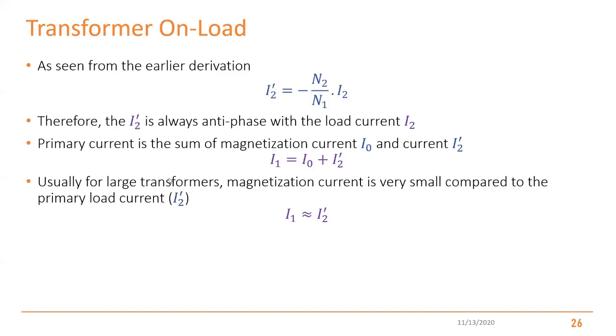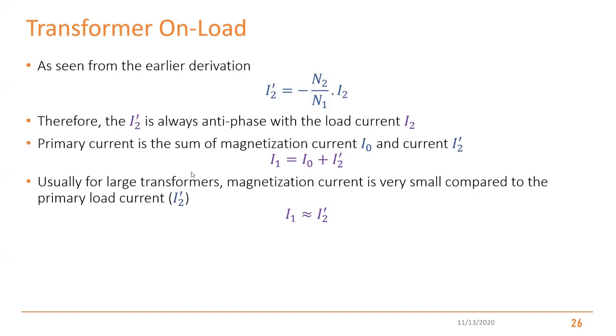Therefore the total primary current should be the addition of these two: the magnetization or no-load current and the additional load current due to the fact that there is a load current. That means when there is a positive I2, the I2 dash also becomes positive. Therefore the total primary current is given by the no-load current plus the additional current to neutralize the flux.